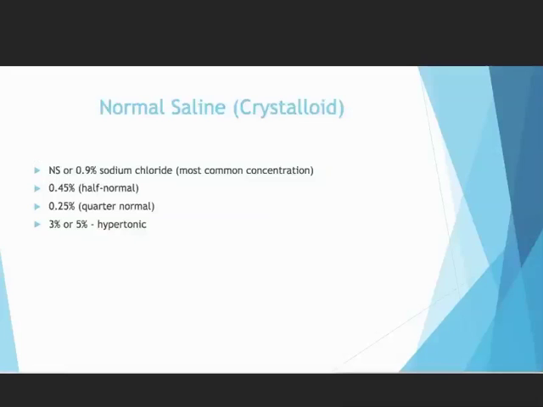And if it's high in salt, 3 to 5%, that's your hypertonic solution. Again, we talk about the correlation with how it influences volume and water balance based on the amount of sodium present in the saline, in the fluid.